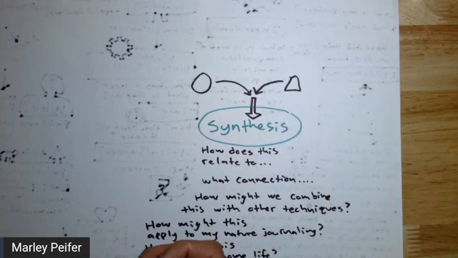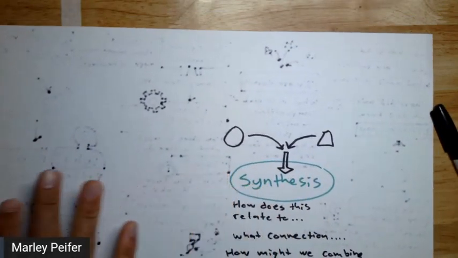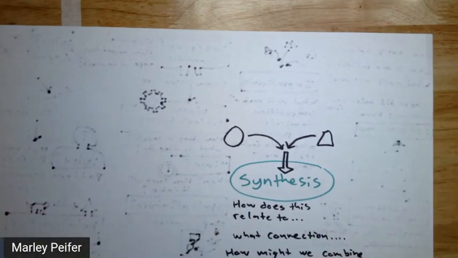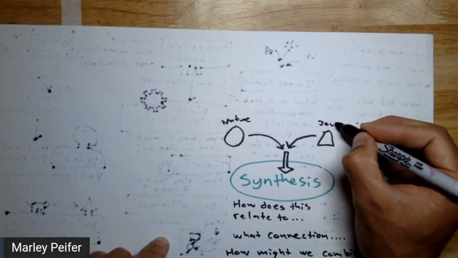And this is one of the most powerful things that you can do with your mind and your nature journal. Nature journaling is already a synthesis of nature and journaling.